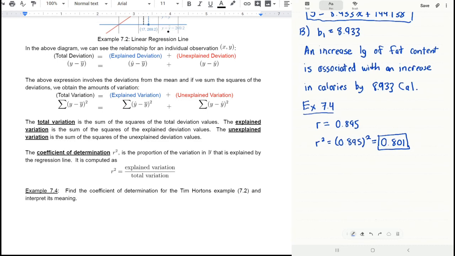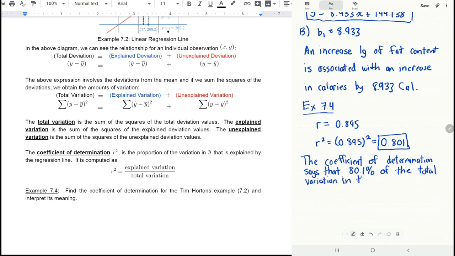So what is the meaning of the coefficient of determination? Well, the coefficient of determination says that 80.1% of the total variation in the amount of calories can be explained by the explanatory variable, which is the amount of fat content.